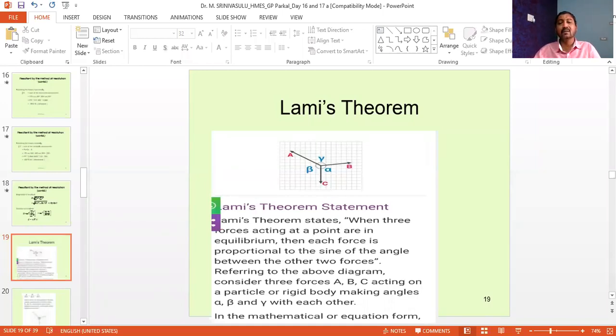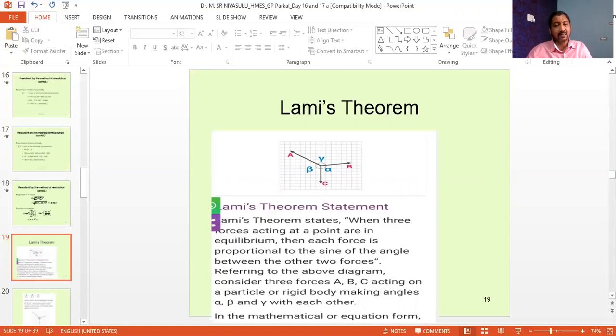Here, when three forces are acting and we know the angle between all the three forces, then each force is proportional to the sine of the angle between the other two forces. That means here we have the three forces, say A, B, C. A, B, C are the three forces acting at point O, that is the meeting point.